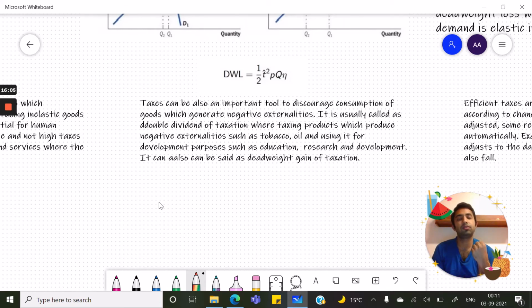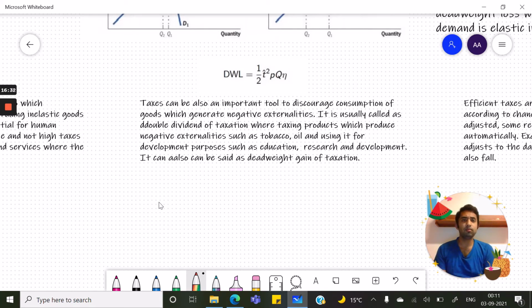So, for example, if you are taxing cigarettes, e-cigarettes, or you're taxing petrol and diesel, which is a topic of debate currently in India. So you use the revenue generated from taxing goods which create negative externalities, and you use the tax revenue for public welfare schemes such as education, health, and capital investments.